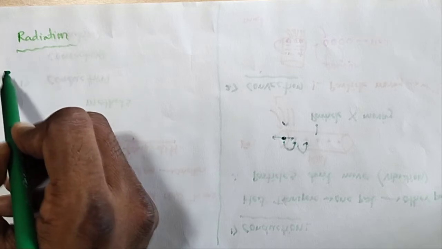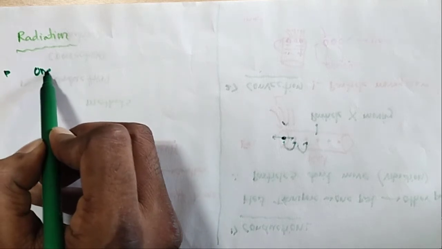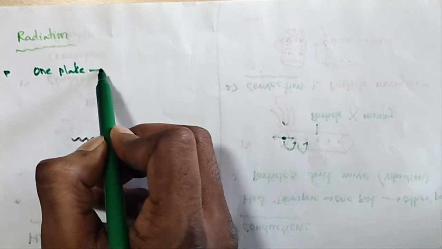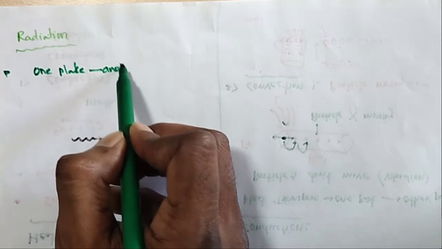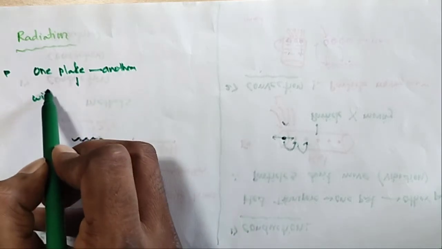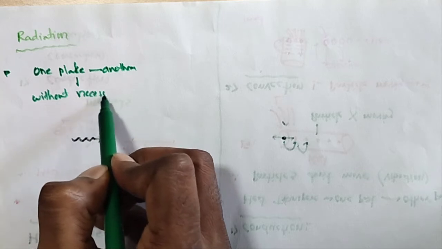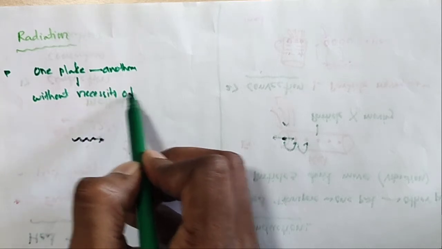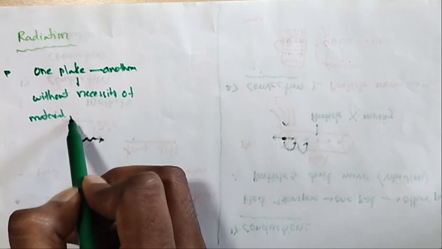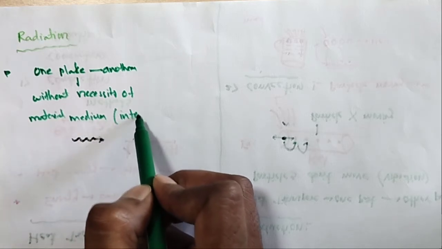Next, the third one, radiation. Here also heat is transported from one place to another place, but without the necessity of a material medium. There is no intervening medium.